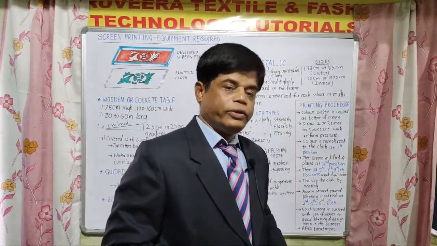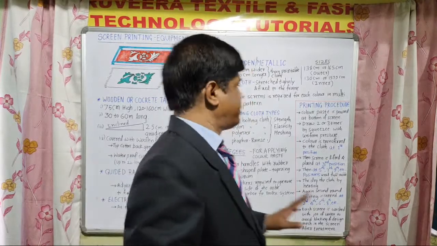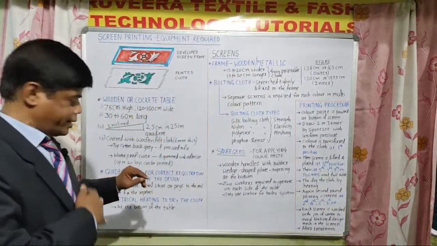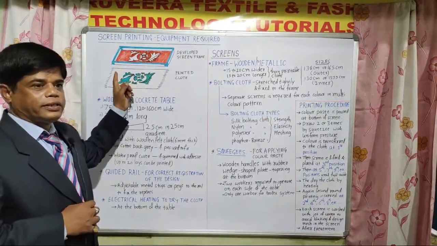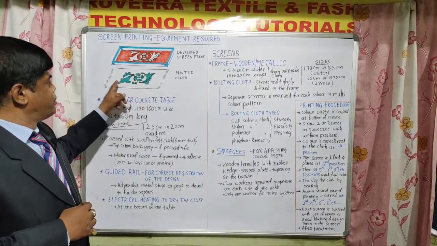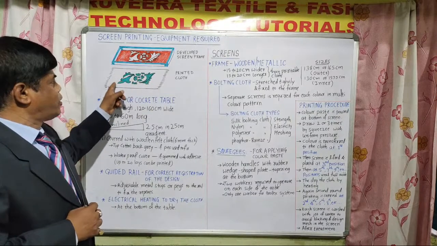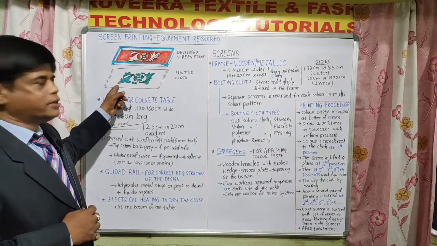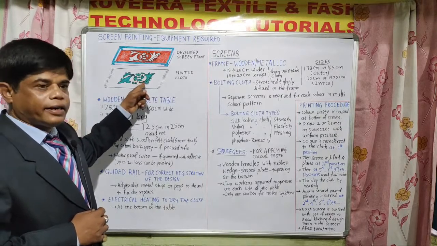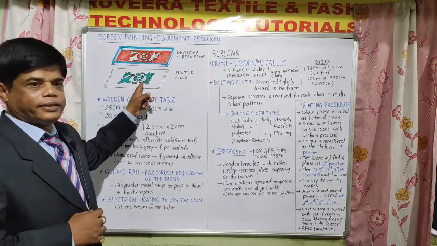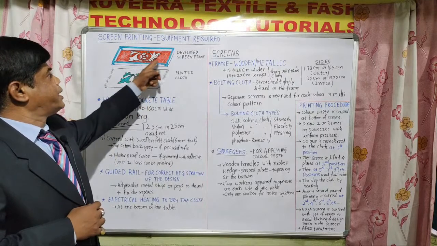Friends, I showed you the frame in the last class. I explained the frame. Here, see, I have done this drawing just for showing. Below is the cloth which is going to be printed, on which the print is already done with the green ink by the screen. This is the screen.